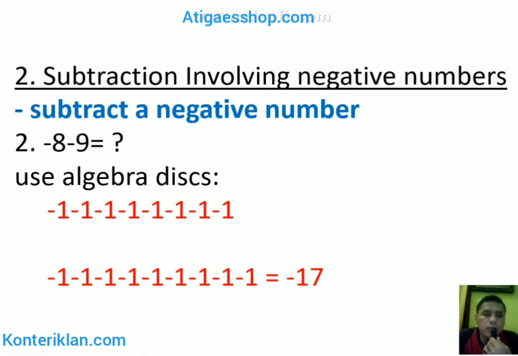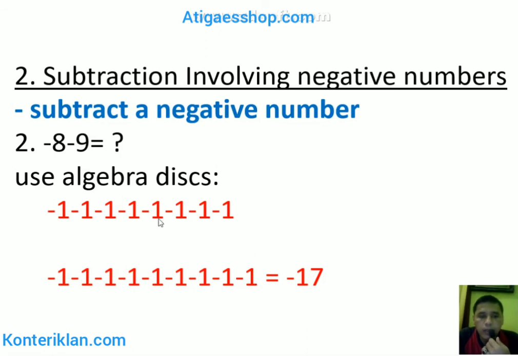The second example: negative 8 subtract 9 equals to, since this one is negative 8, put negative 1 eight times: 1, 2, 3, 4, 5, 6, 7, 8 times. And then for negative 9 here, put negative 1 as many as 9 times: 1, 2, 3, 4, 5, 6, 7, 8, 9 times.